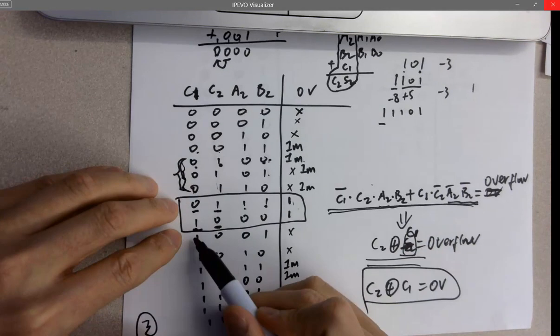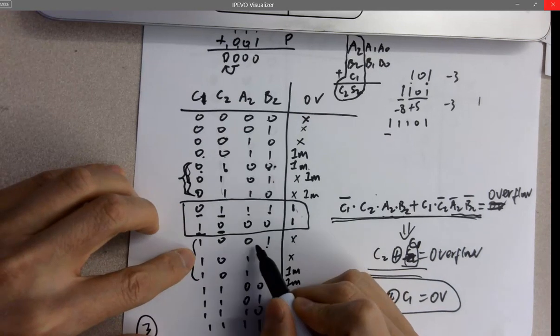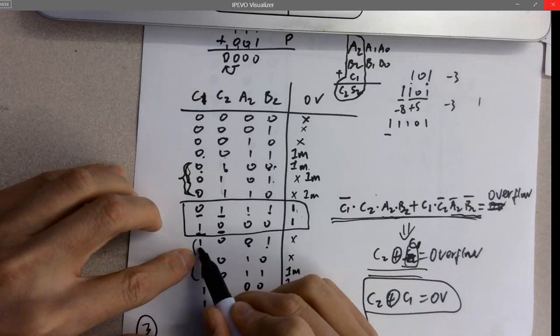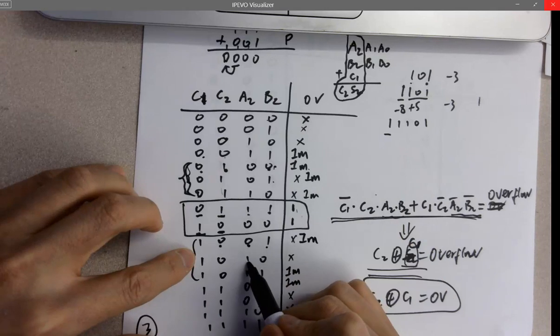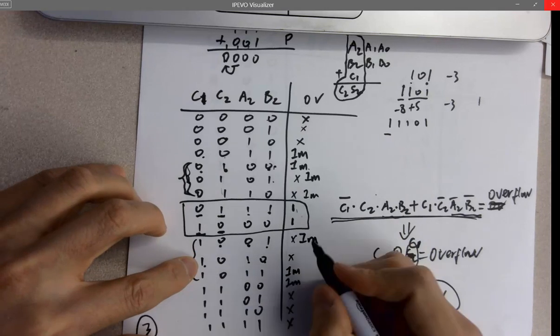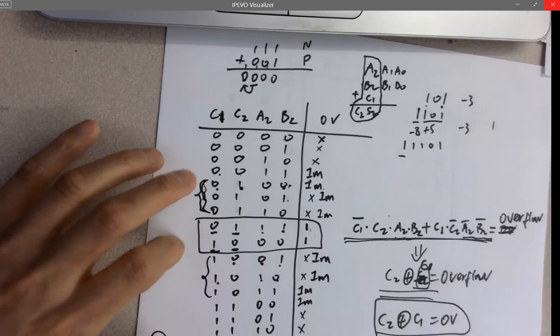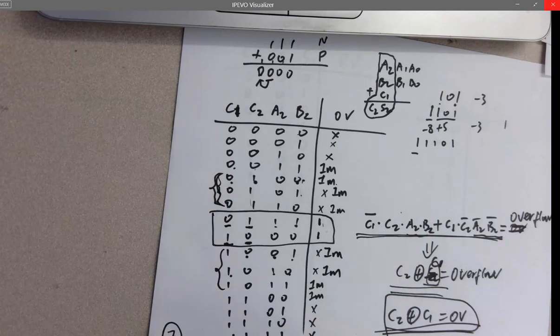So what about these three here? 1 plus 1 plus 1, or 0 plus 1 plus 1, means C2 will be 1. So this is impossible. 1 plus 0 plus 1, C2 will be 1. This is impossible, and this is also impossible. So that's why we can directly use this logic to find out the overflow bit, the control bit.